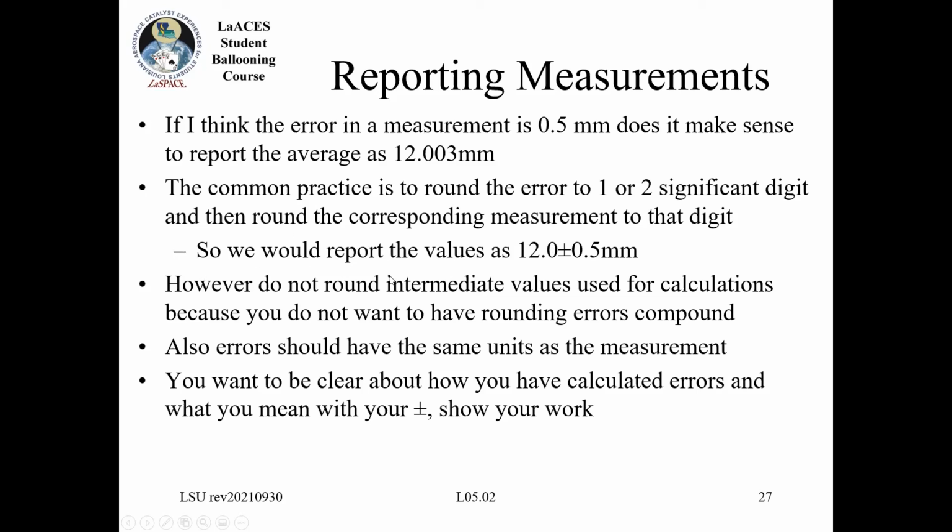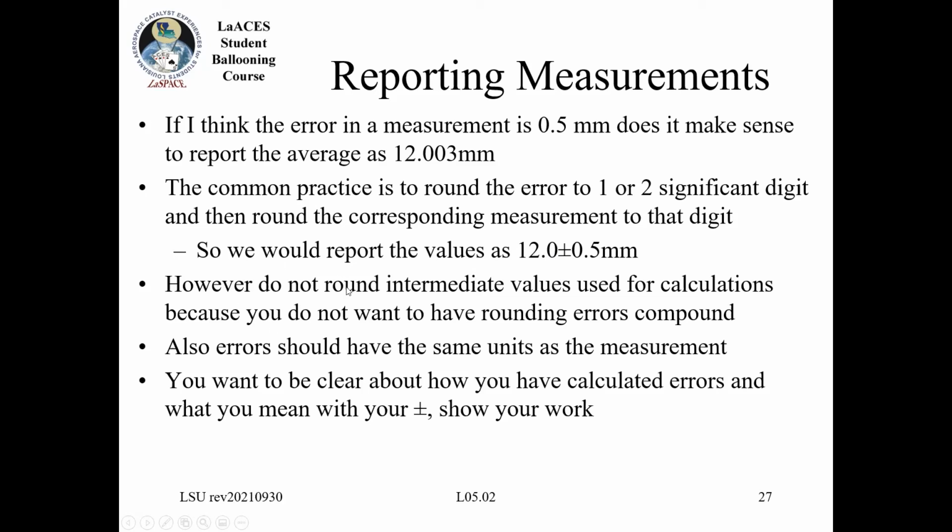For this example, I round my error to a single significant figure. The 0.5 is my significant digit, and that is in the 10th place. So I'm going to round my measurement to the 10th place, and I'm going to explicitly use this decimal 0.0 to show that the 0 after the decimal is significant.